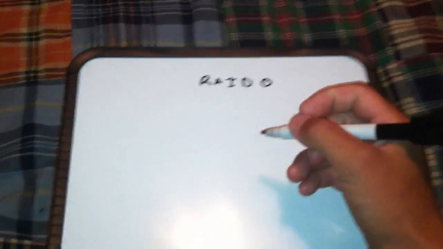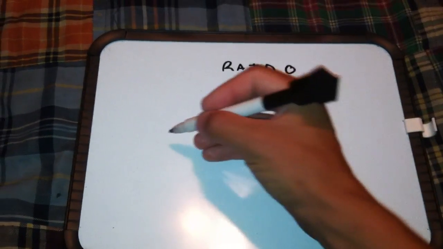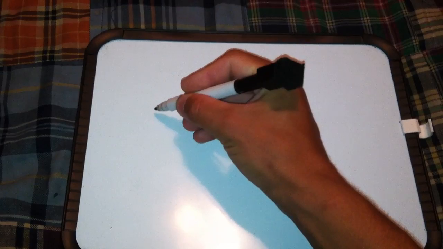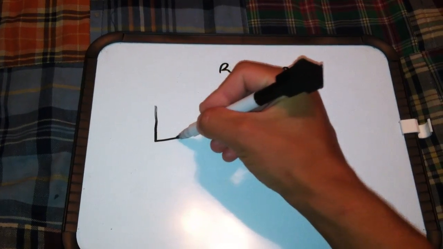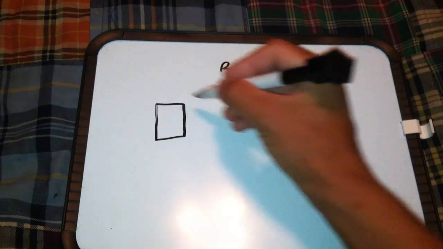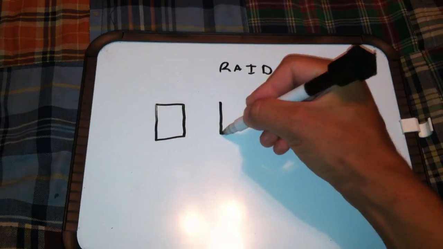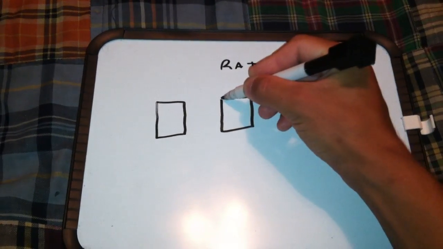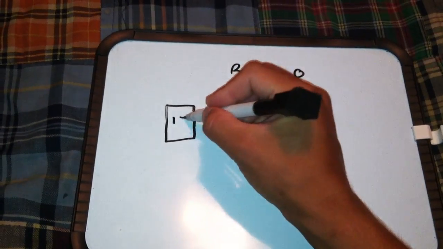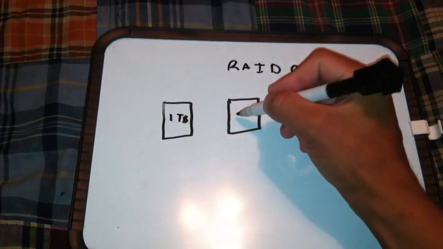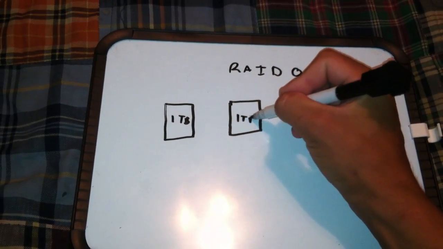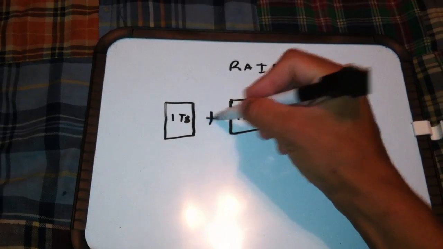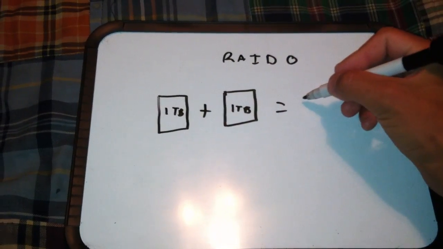So basically what you're doing is you're taking hard drives and you're adding them. If you have a hard drive here and a hard drive here, you're adding them. So if you have, let's just say, 1 terabyte and 1 terabyte, you can add them to make 2 terabytes.